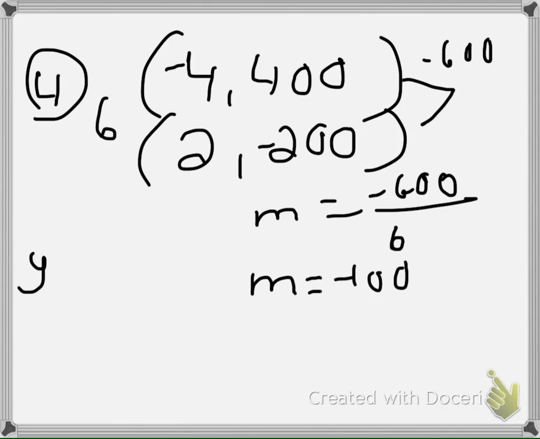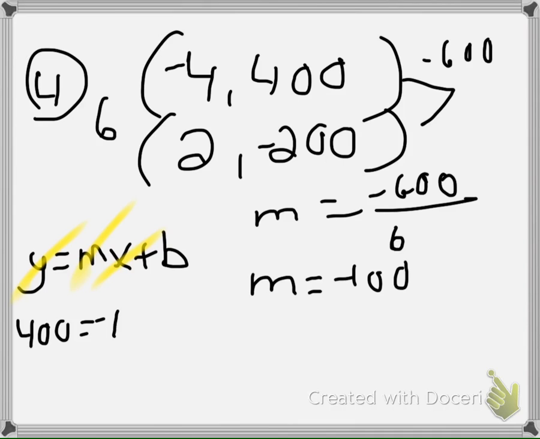I have to substitute 3 things into y equals mx plus b. The same 3 as always. Okay, here we go. Here's my 400. There's my y. So y, 400, equals m, negative 100, times x, negative 4, plus b.